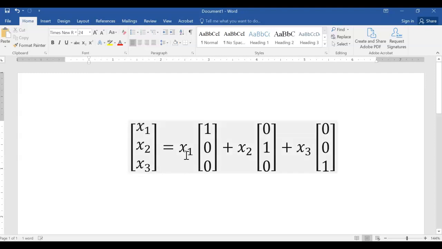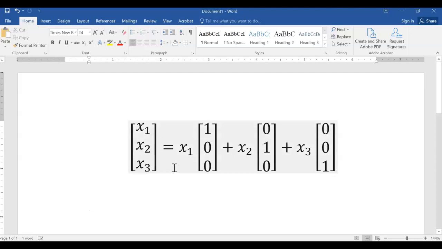The easy linear combination is to take x1 times e1, plus x2 times e2, plus x3 times e3, and sure enough, if you add all those up, you get this arbitrary vector. So the span of these three vectors is in fact all of R3.